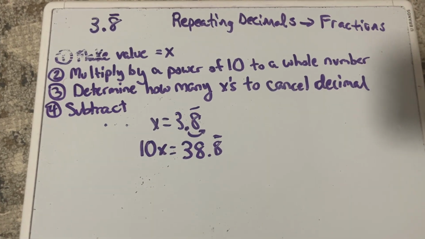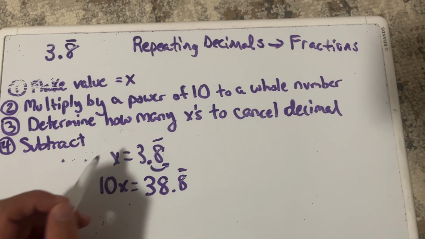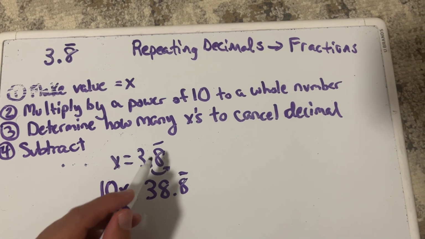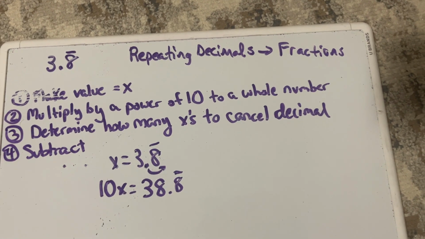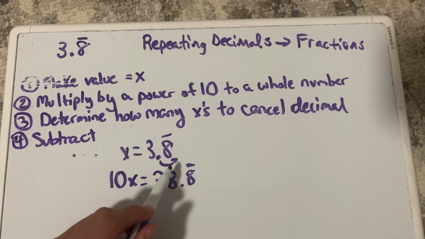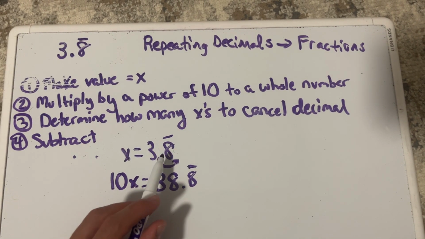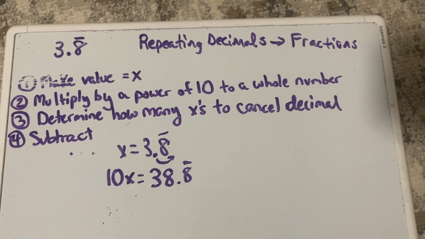And now I need to see how I can get a value where I can subtract the 0.8 repeating. What's nice is that the x and 10x both have the 8 repeating after the decimal.